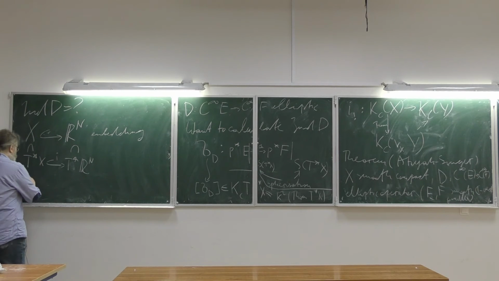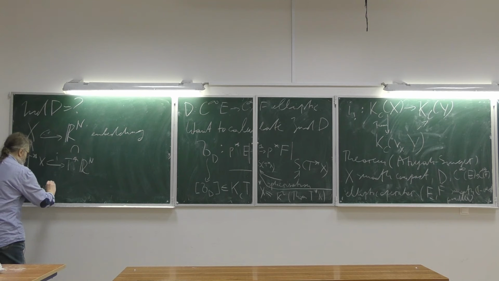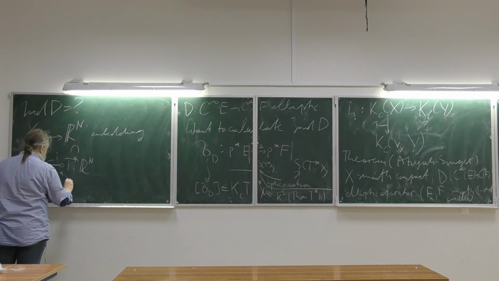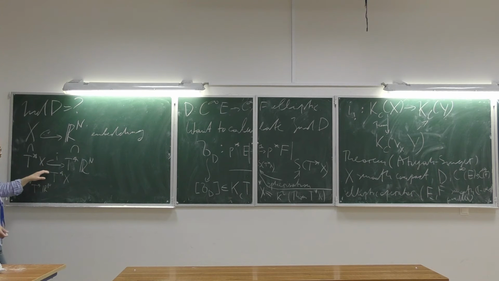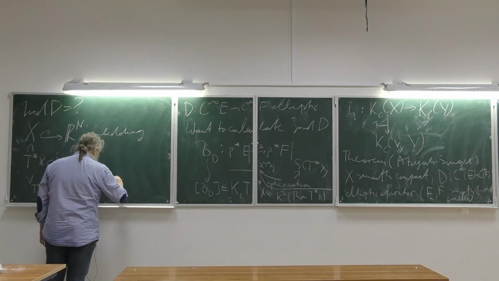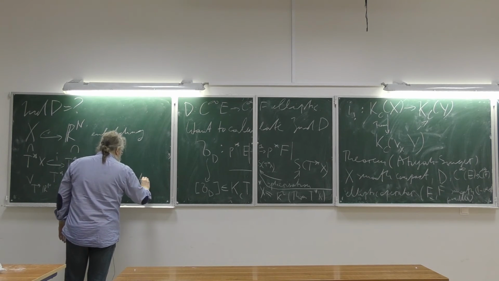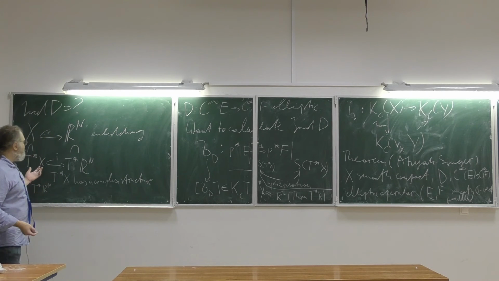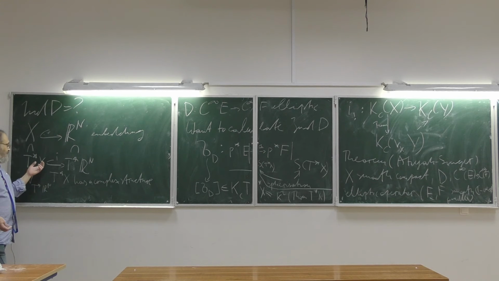Now, the normal bundle of this inside this has a complex structure, which is basically because the normal bundle is just a direct sum of two copies of the tangent bundle pulled back to itself.